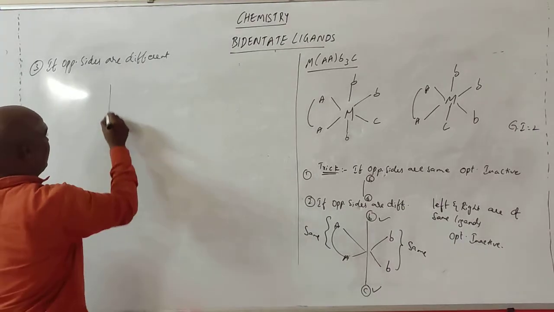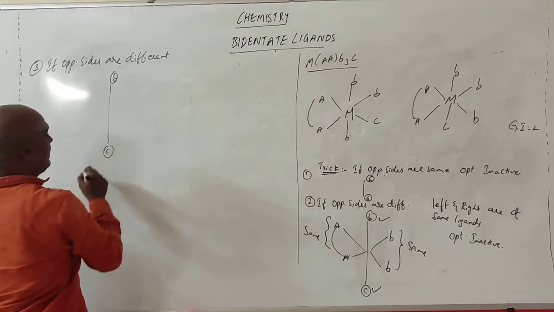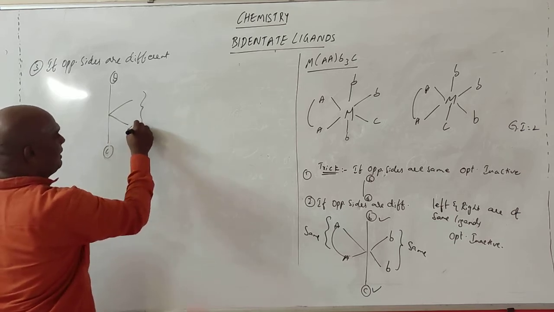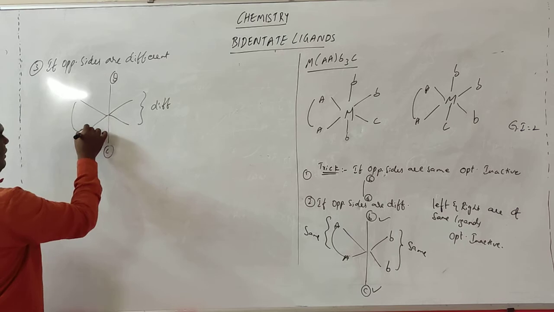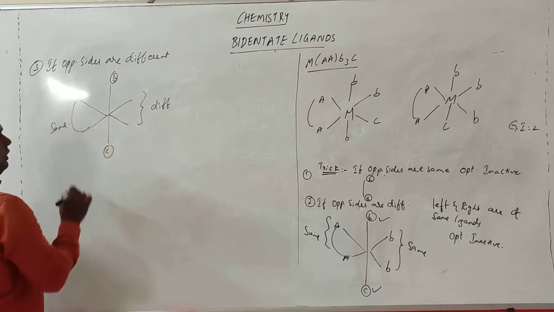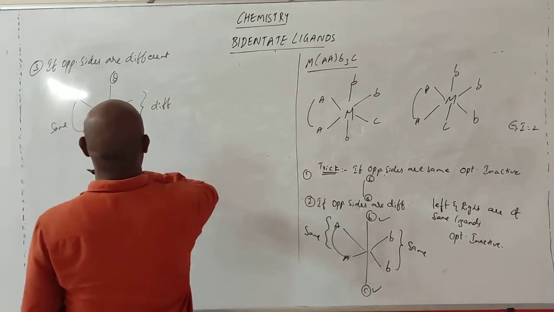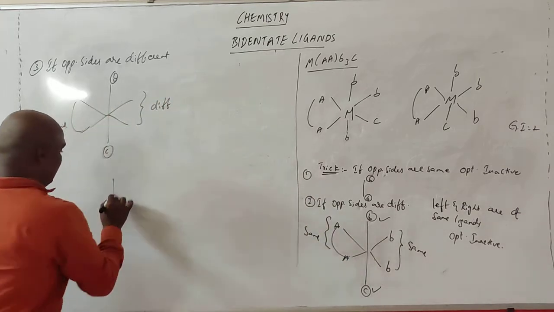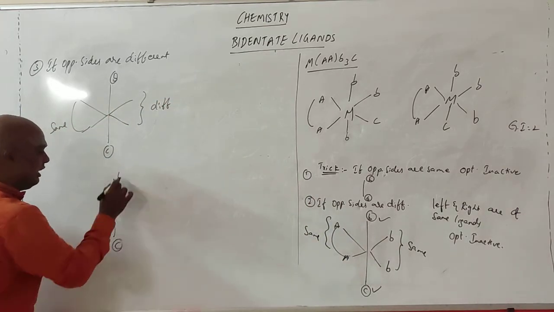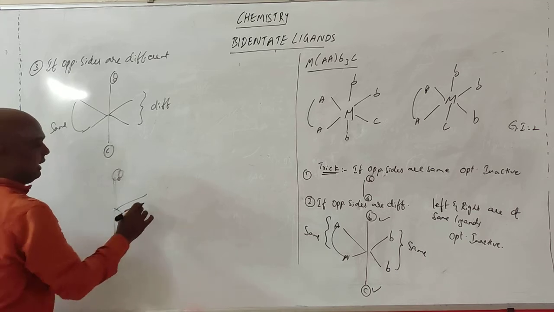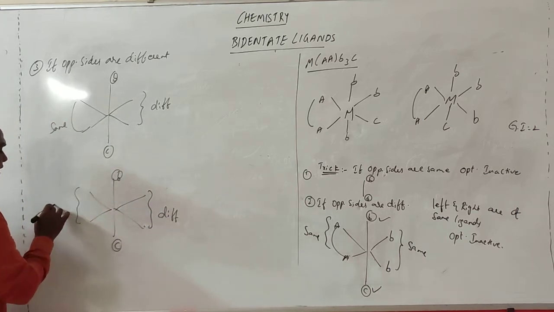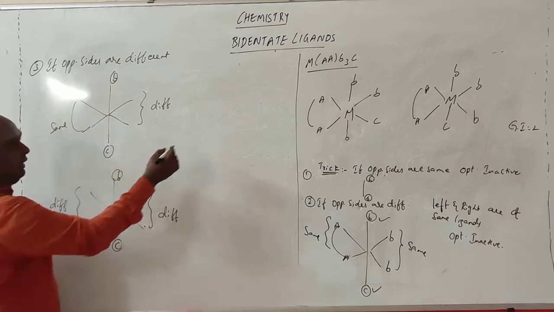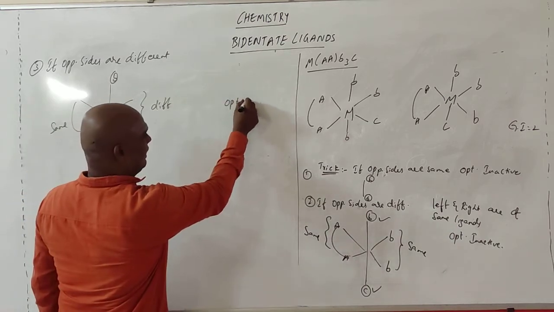See, opposite sides are different, something like B, C. Here these two are different and these two are same. Okay? One more thing is B, C. These two are different. Okay, these two are different. These two are different. Optically active.